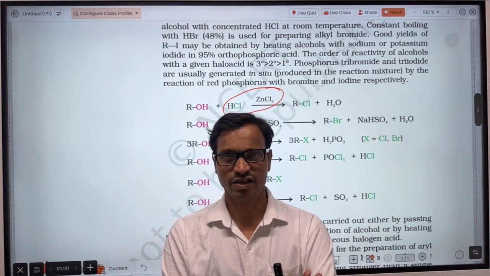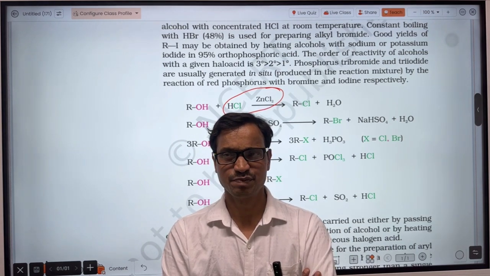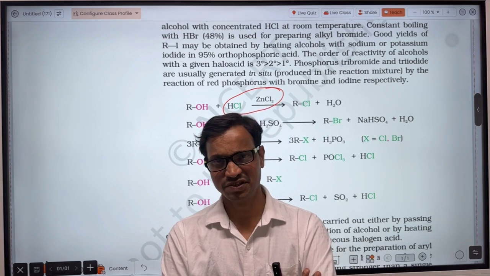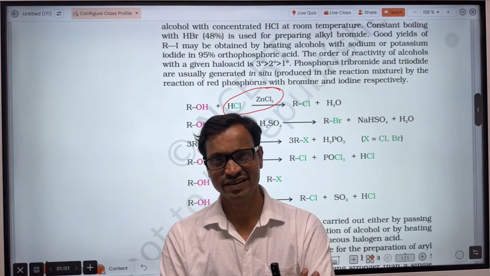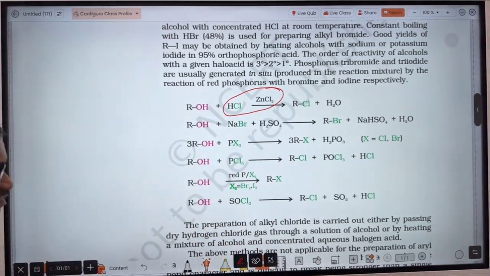That means whether the alcohol is primary alcohol, secondary alcohol, or tertiary alcohol. That is predicted by Lucas reagent, the mixture of ZnCl2 and conc HCl. So let's see how the reaction takes place.